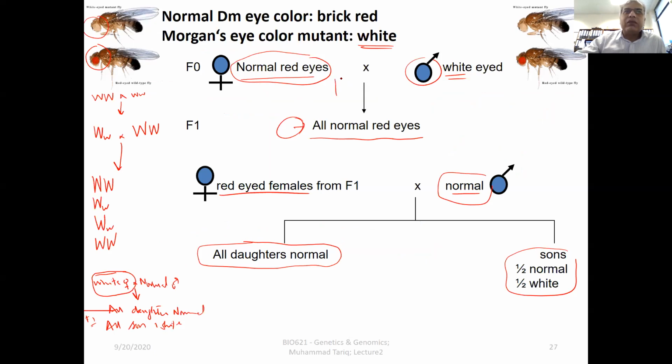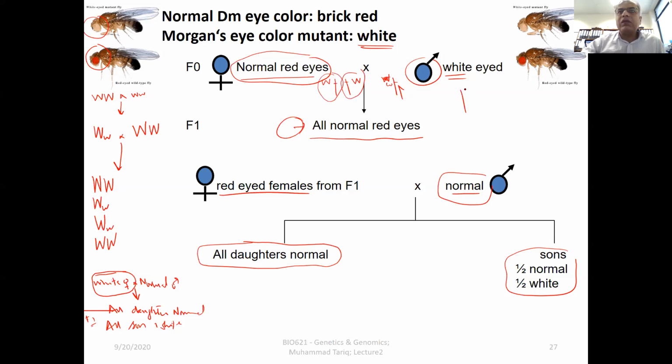We have a female, so 2X, and normal means capital W, capital W. Here, Y, small w, Y. And in gametes, these chromosomes will go to opposite poles. One will be this, the other will be this.